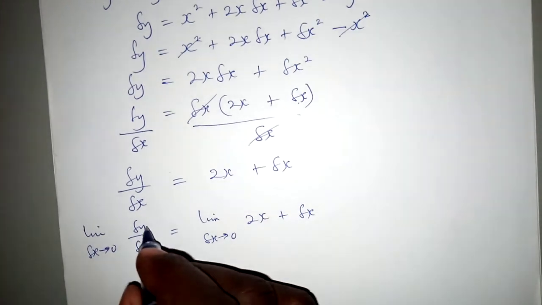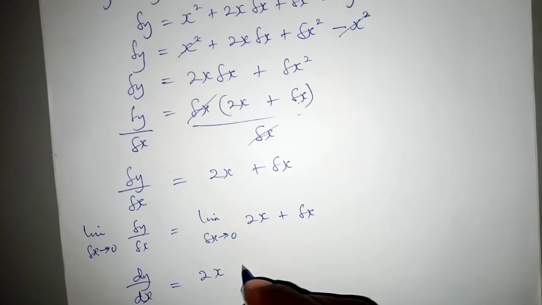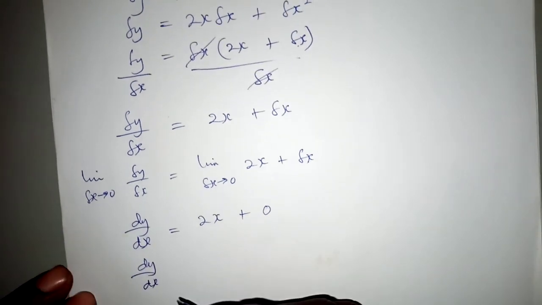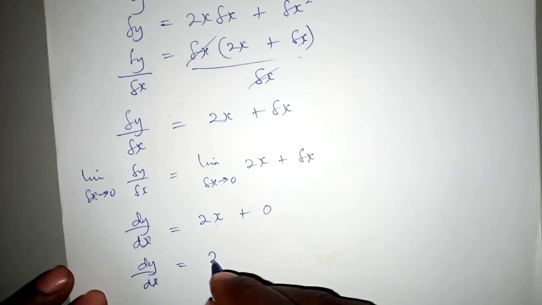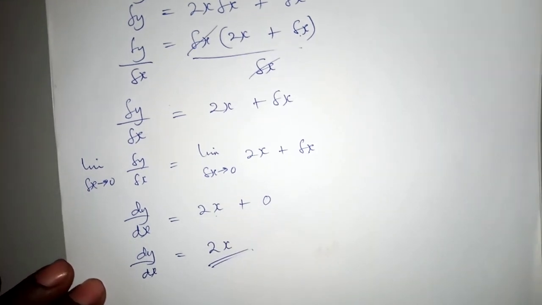So from our left hand side, we have dy by dx is equal to 2x plus 0, which is 2x. So this is our final answer.